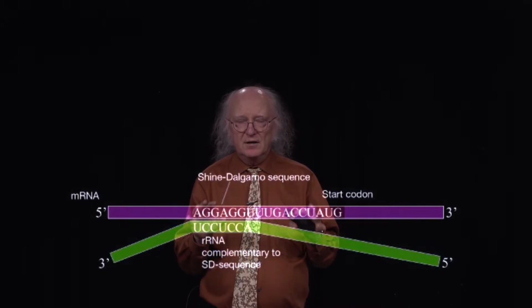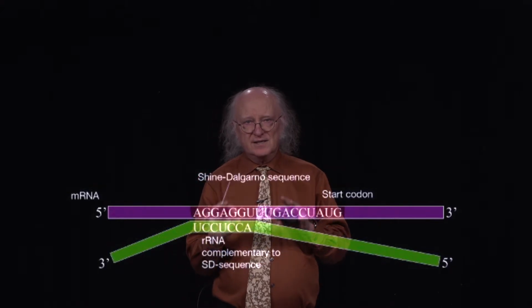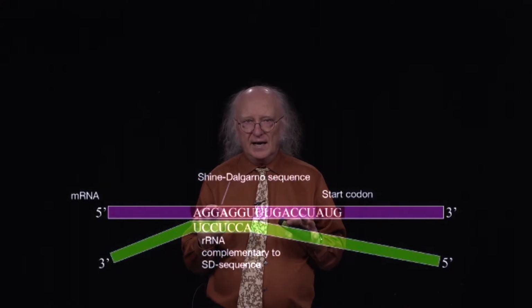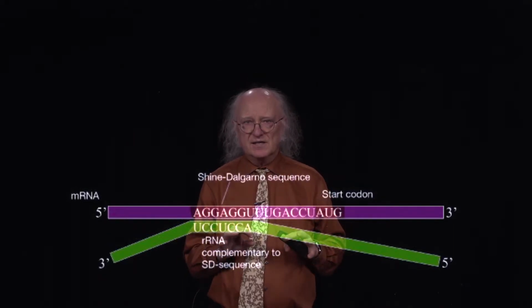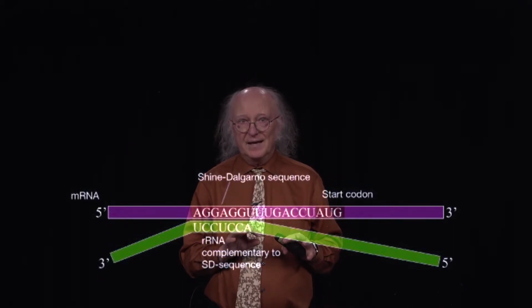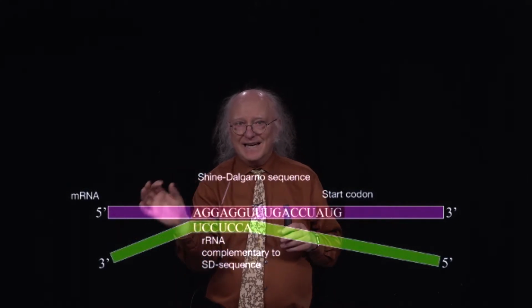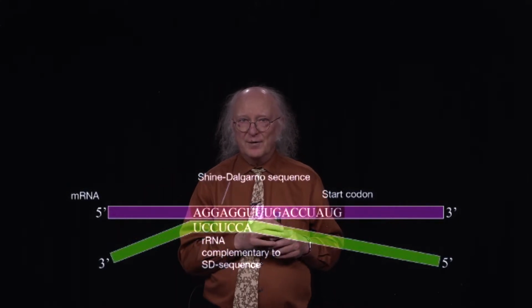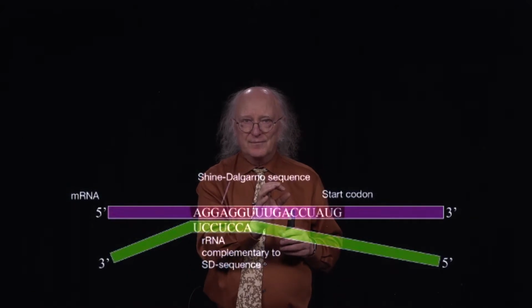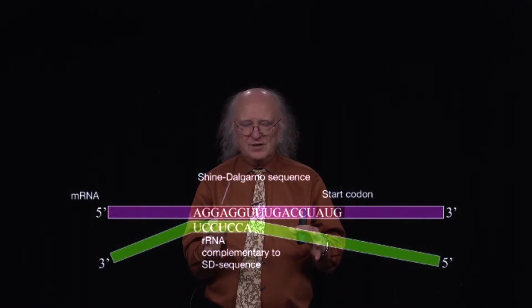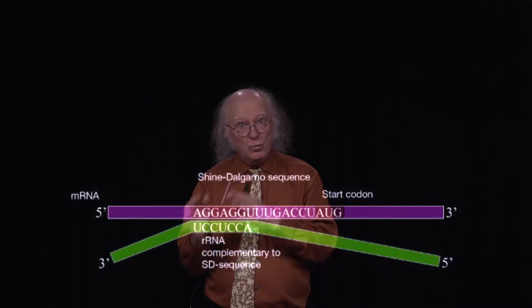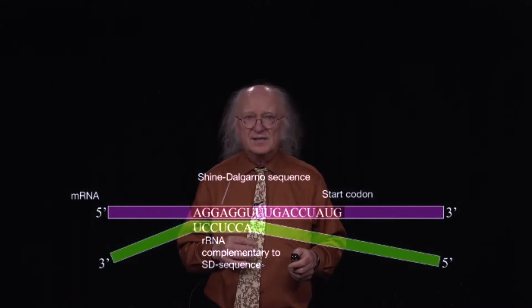I'll repeat it again: it is a sequence in the messenger RNA that's complementary to the sequence in the 16S ribosomal RNA, and it is about 10 nucleotides away from the AUG. So once all that information comes together, the ribosome knows where to start the process of translation.